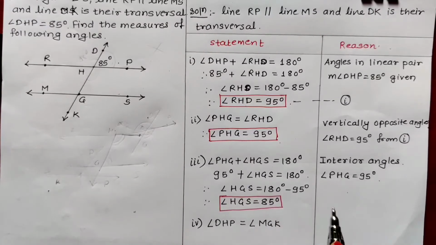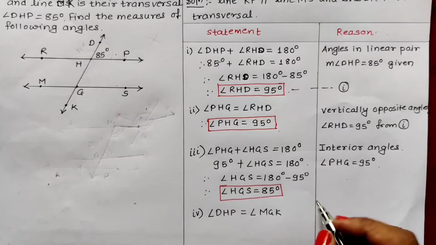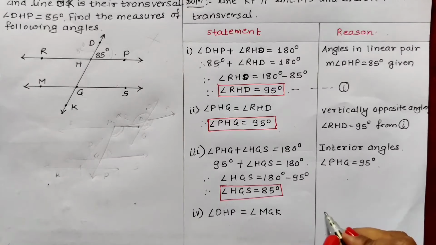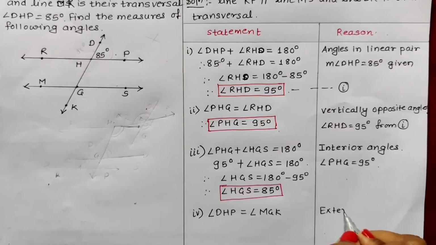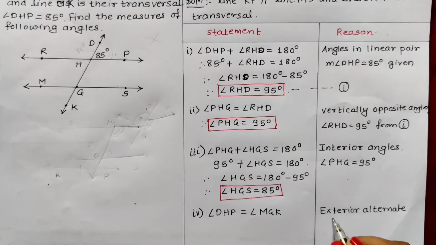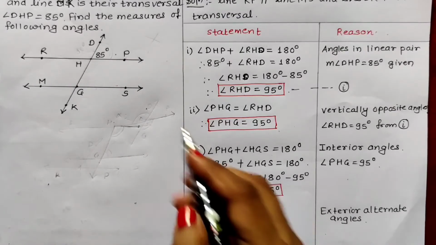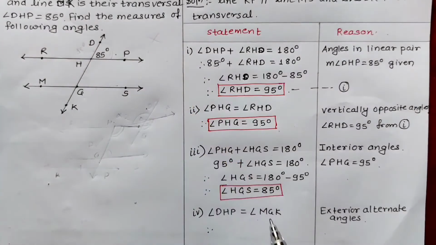The reason we write for congruence of these two angles, property of alternate exterior angles, and they are alternate exterior angles, and that's why they are congruent. And DHP is 85 degrees, and that's why angle MGK is also 85 degrees.